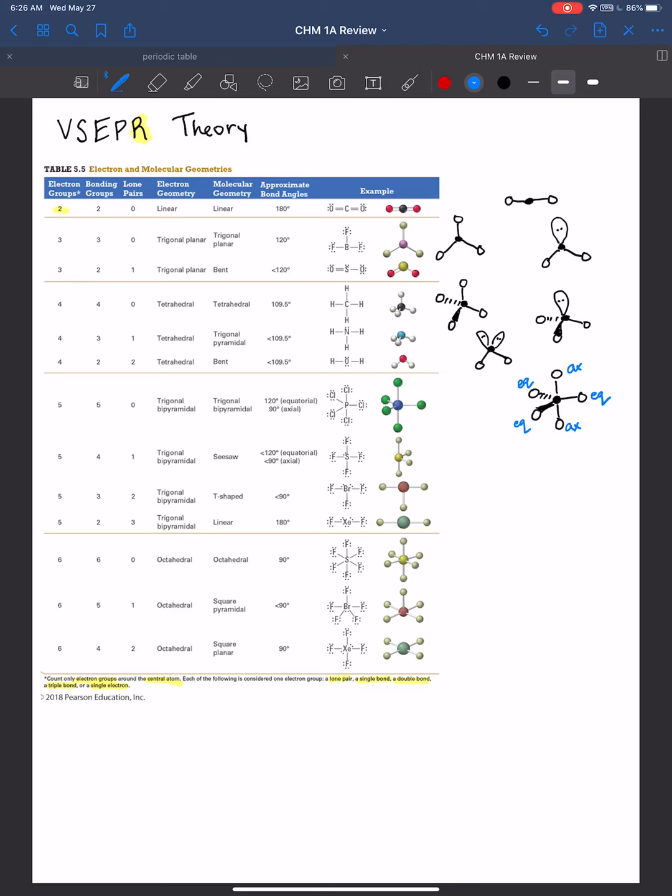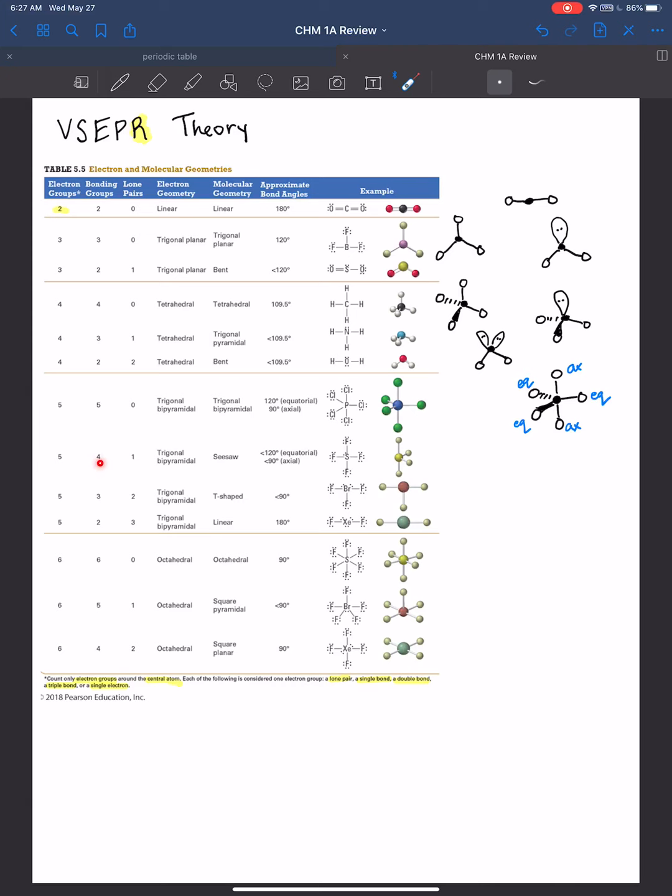You'll notice that the bond angle between an axial and equatorial position is 90 degrees, and the bond angle between equatorial positions is 120 degrees. And this one's trigonal bi-pyramidal. In the equatorial position, it looks like a triangle, but on each axis is a point. So it looks like two pyramids stuck together, and that's why it's trigonal bi-pyramidal.